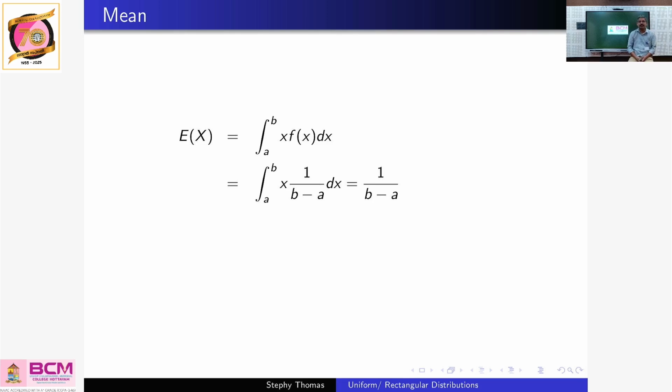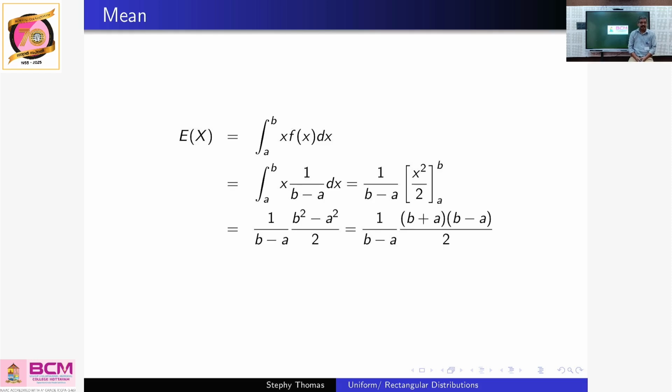The integral of x dx is x square by 2, so it becomes 1 by b minus a into x square by 2 within the limits a to b. That is 1 by b minus a into b square minus a square divided by 2. We know that b square minus a square is equal to b minus a into b plus a, so it is 1 by b minus a into b plus a into b minus a divided by 2. The b minus a terms cancel off, and that is equal to a plus b divided by 2.